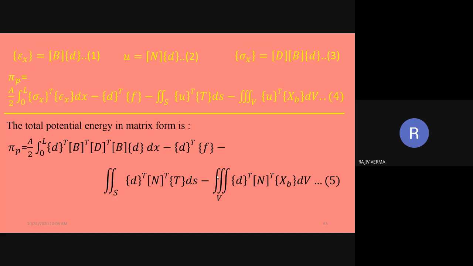We start with the first expression on the right of the equality sign, where basically we are multiplying the transpose of stress with respect to strain. Now stress obviously is given by expression number 3, which has a multiplication of 3 matrices represented by D, B and small d.